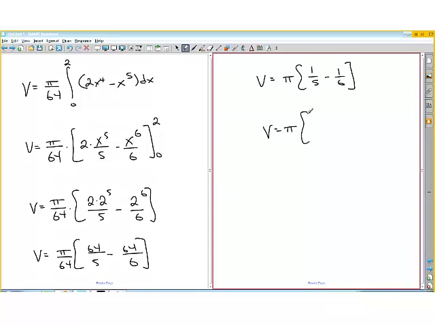So you get 1 times 6 is 6, minus 5, which is 1 times 5, and then you divide by the product of the two, which is 30. So we'll get 1/30th. 1/30th times pi is pi over 30 as the volume, if I did everything right. So let's look and see what it is. Pi over 30, correct.